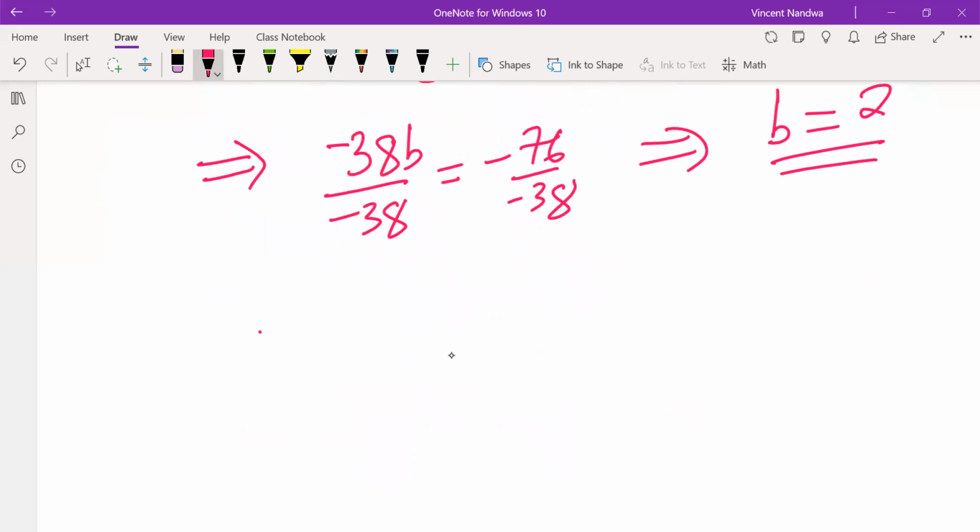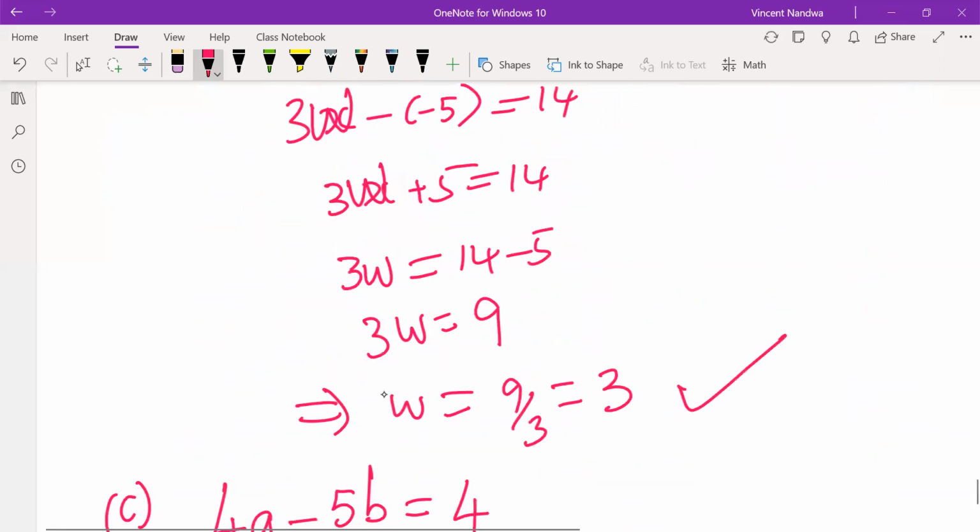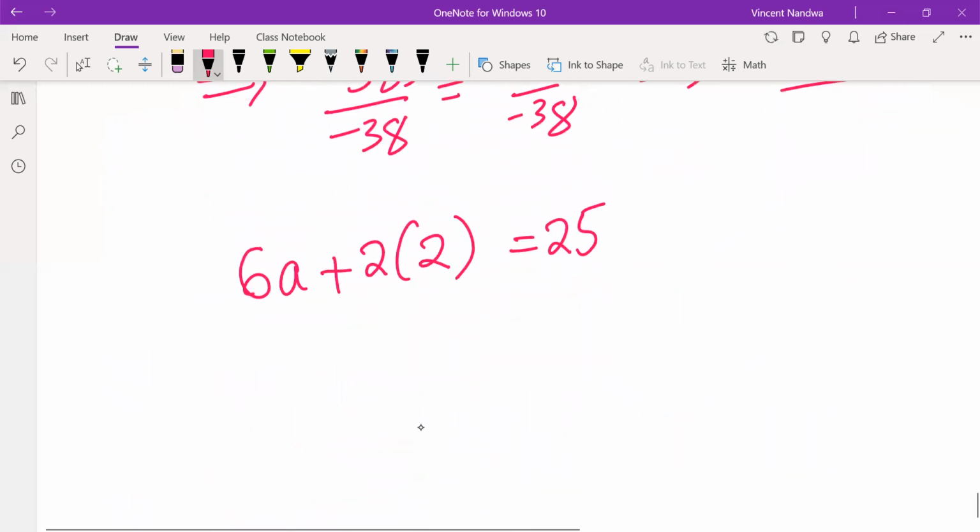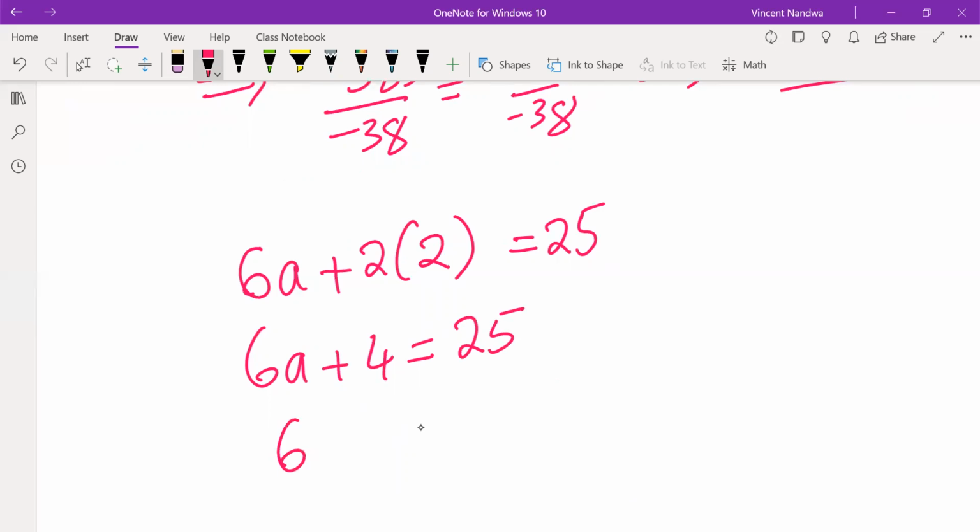So if I use the second equation, I'll have 6A plus 2 into B, which is 2, equals 25. So that's what you have in the second equation. So then 6A plus 4 equals 25. 6A equals 25 minus 4.